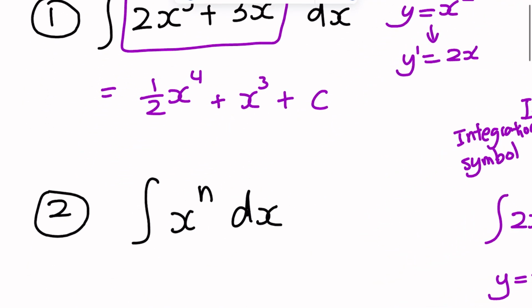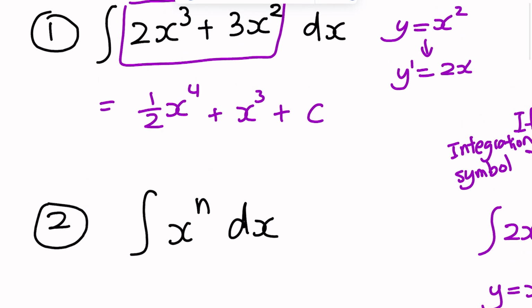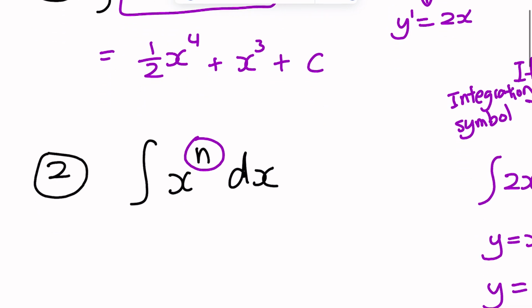So now let's take a look at x to the power of n. Now I'm going to introduce the formula to you. If you take a look at the pattern of what we did, the power increases by 1. So we have n, which means the new power will be n plus 1, right?